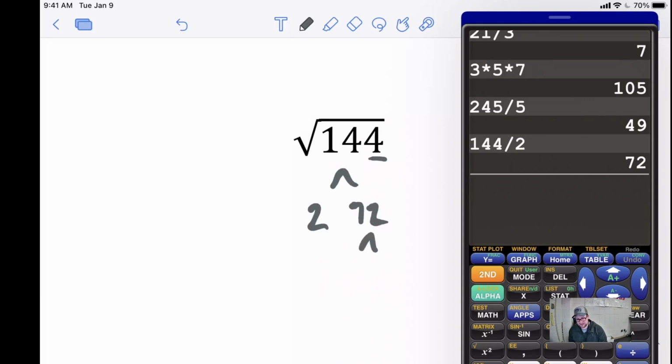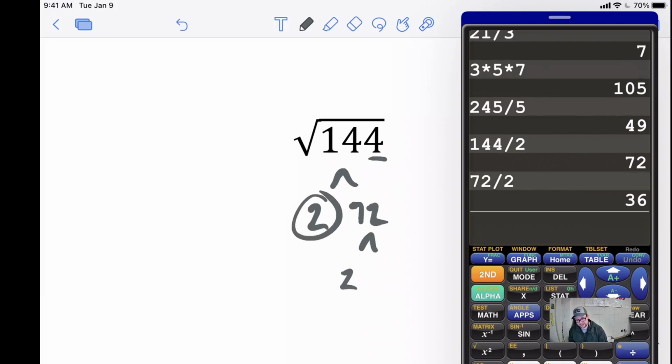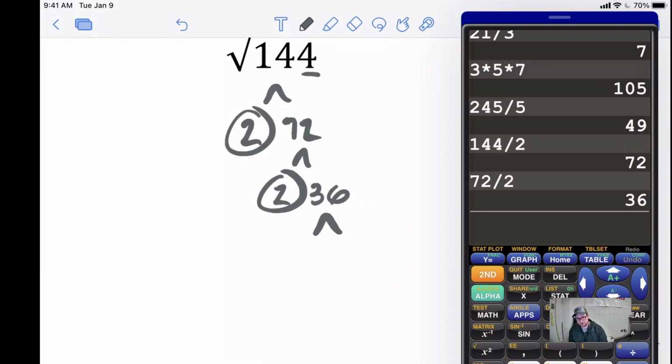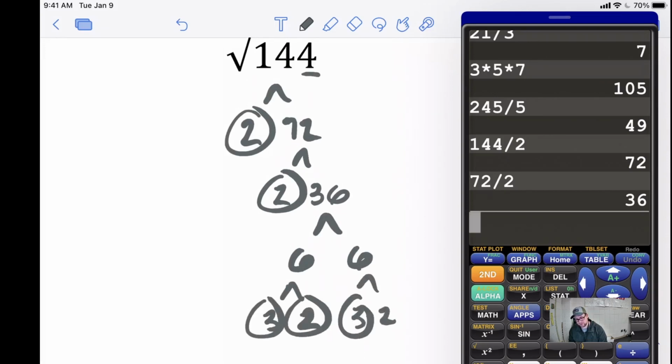Now, 72 is an even number too, so I know 2 is going to go in again. So 72 divided by 2 is 36. And maybe, let's just say you know 36, that's 6 times 6. And every time I have a 6, that's 3 times 2. Those are both done.